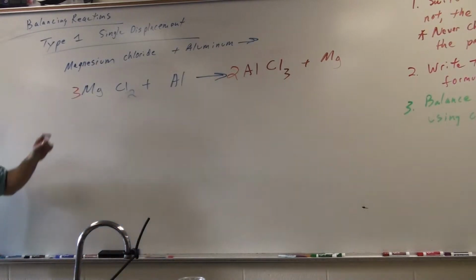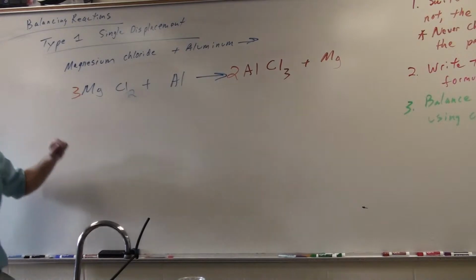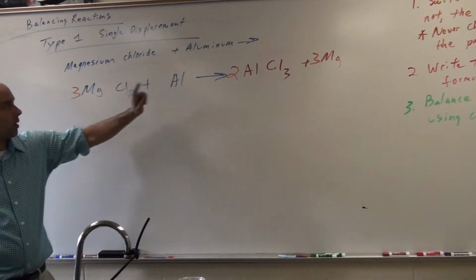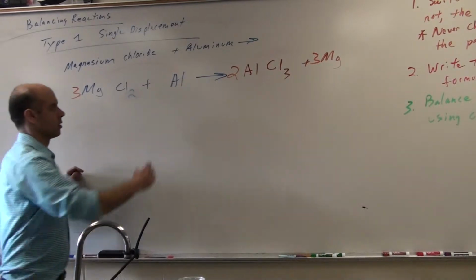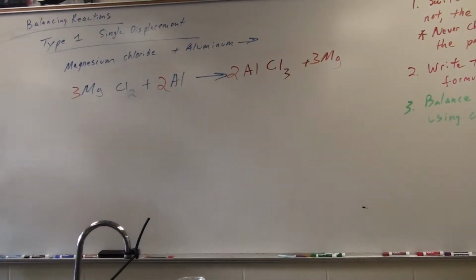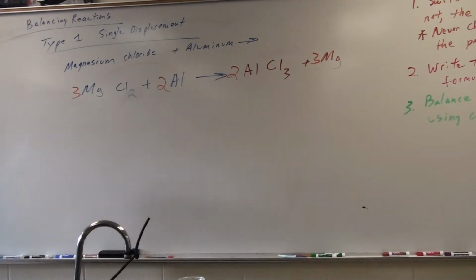But what does that do to my magnesiums now? Now I've got 3. So I'm going to have to put a 3 there. Aluminum, 2. And again, you switch the two metals or the two nonmetals.